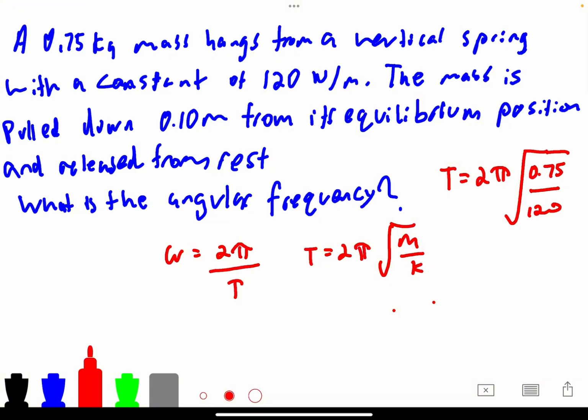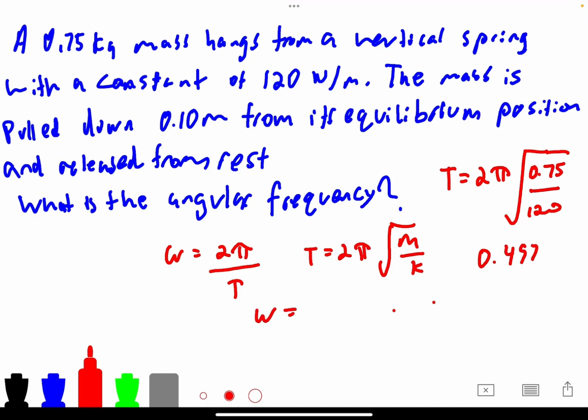So 2 pi times the square root of 0.75 over 120, and that is roughly 0.497.